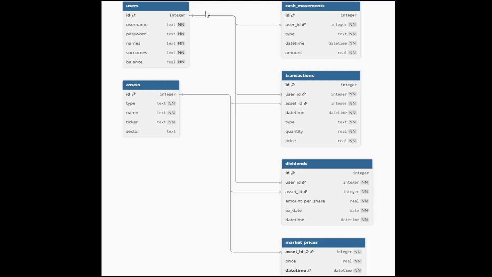The transactions consist of the history of different sales and purchases of assets. Then there are dividends, which store the info for those payments, and the market prices, which should be historical data because it doesn't include real-time data.